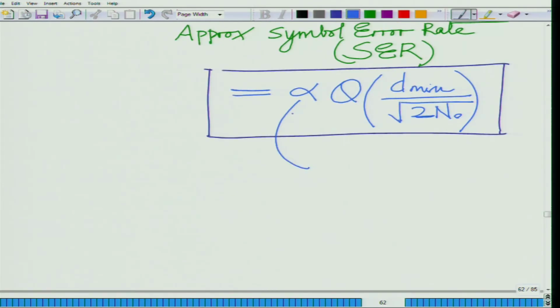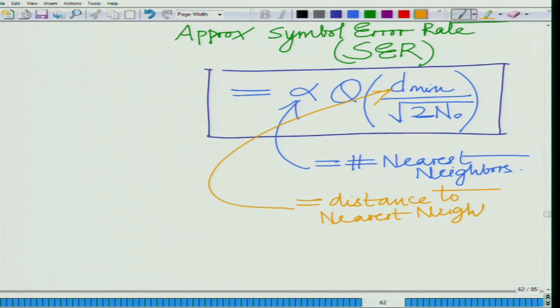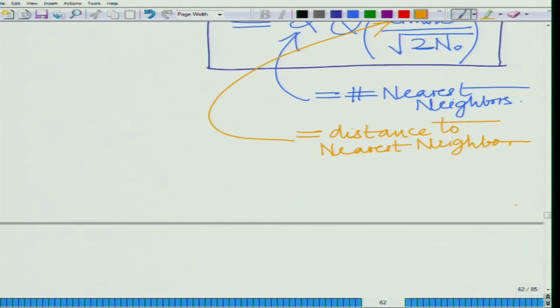So, alpha equals the number of nearest neighbors, as we already said, and d min equals the distance to the nearest neighbor.